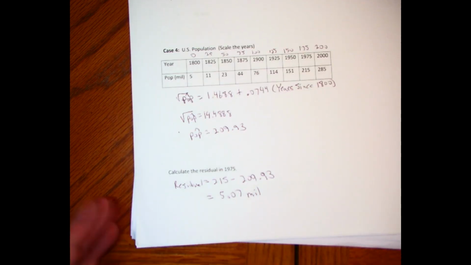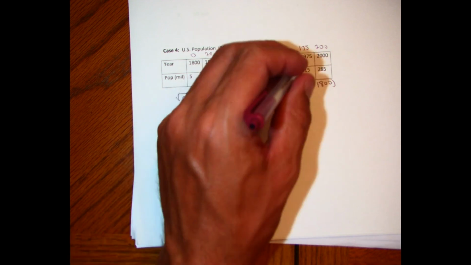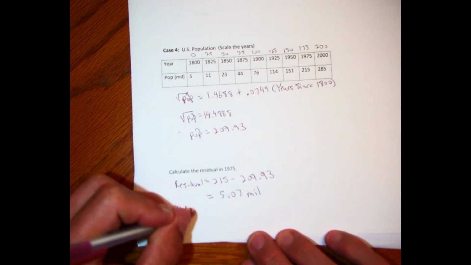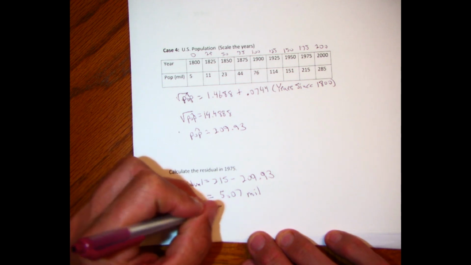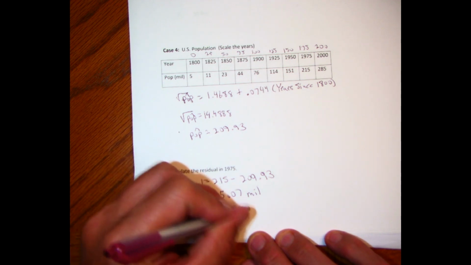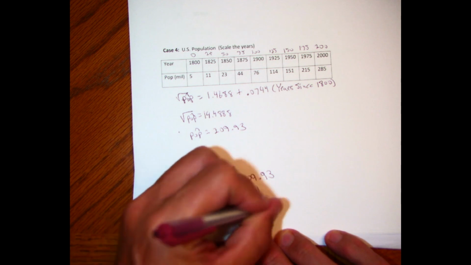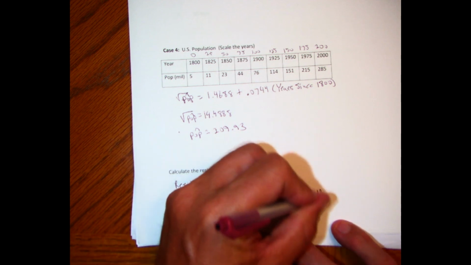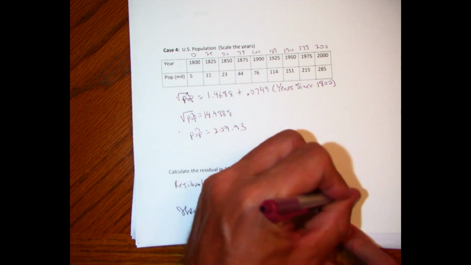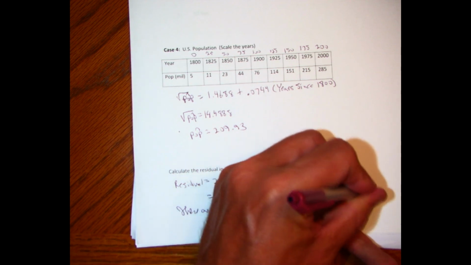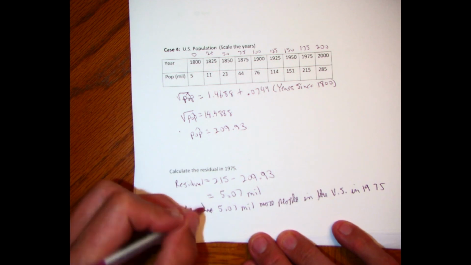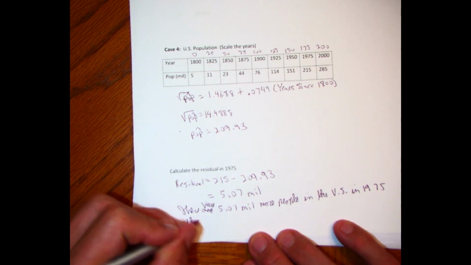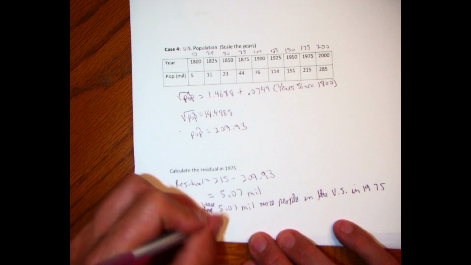Well, it's positive, so that means this point right here is above the line. So there are 5.07 million more people in the United States in 1975 than the linear model predicted.